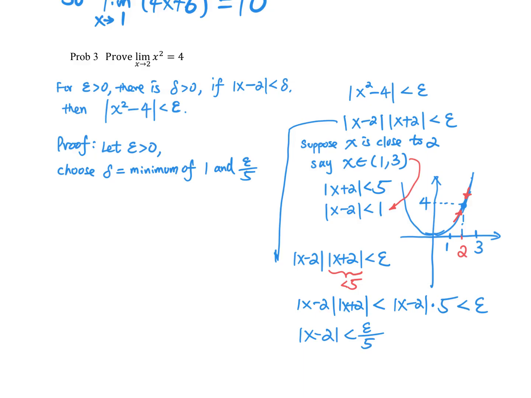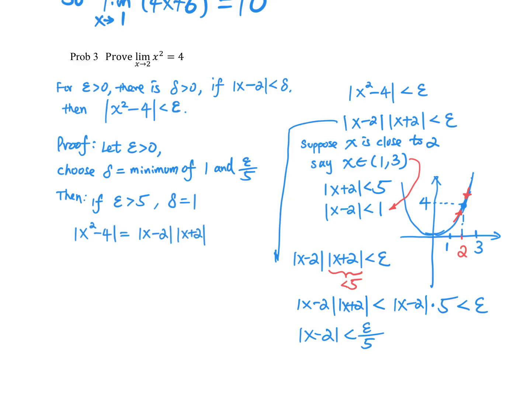So now, then this is going to happen, okay? If epsilon is greater than 5, when epsilon is greater than 5, then your delta will be 1, right? Your delta will be 1. And this is definitely, so that means your absolute value of x squared minus 4, which is equal to x minus 2 times x plus 2 with absolute value sign.